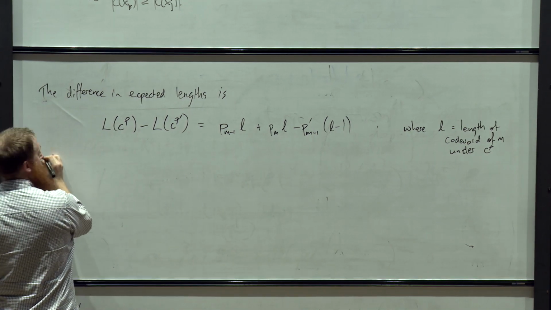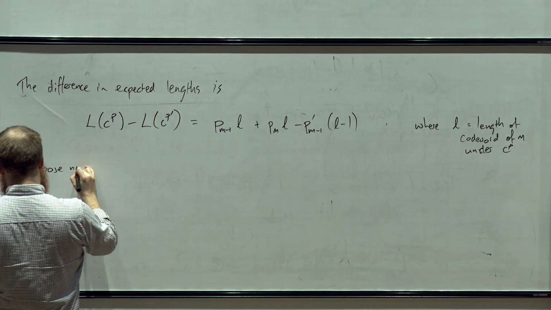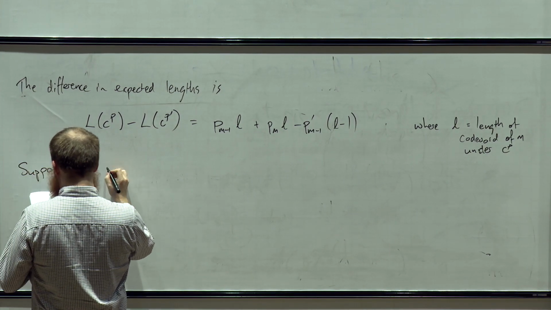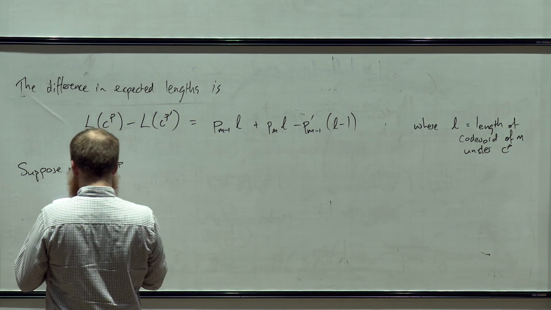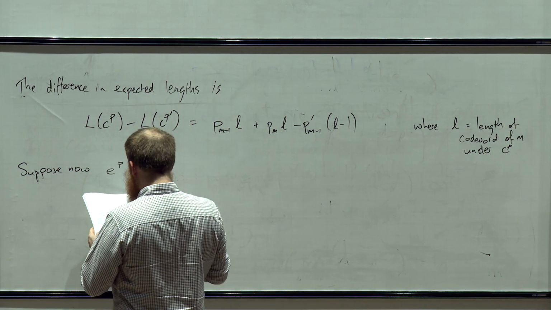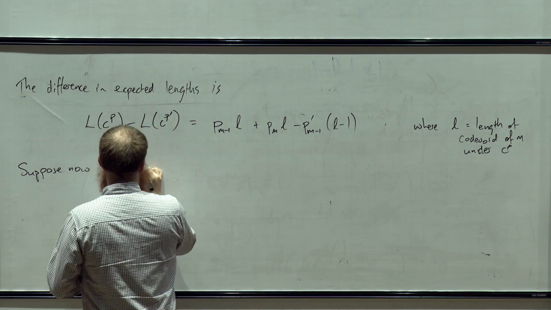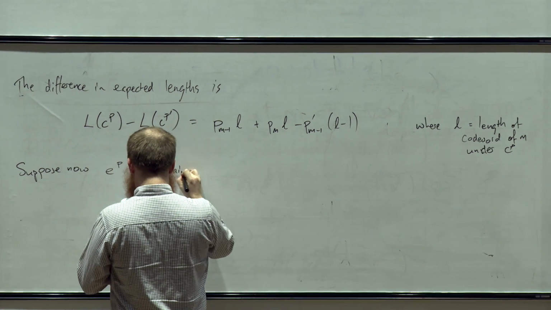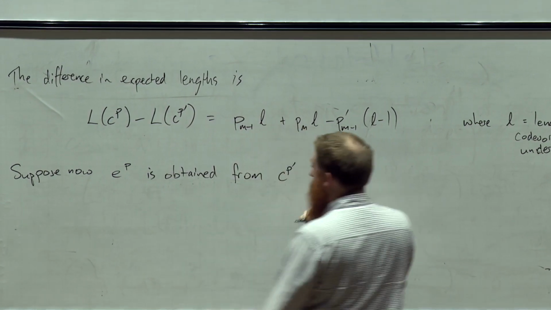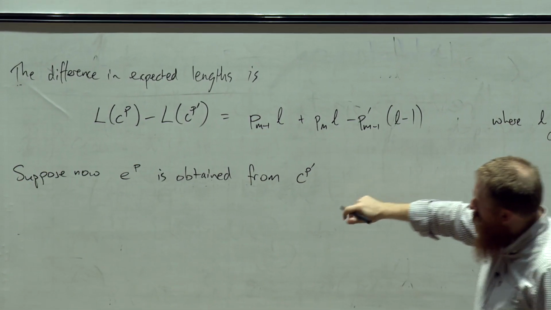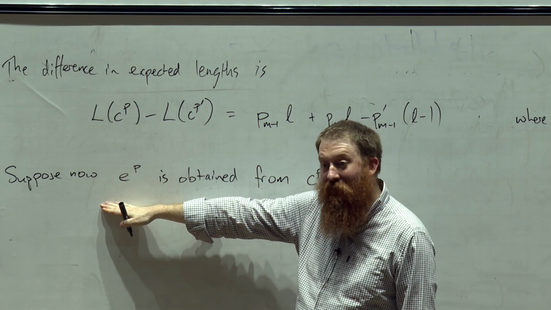On the other hand, suppose now Ep is obtained from Cp prime. So what I'm going to do now is I'm going to take Cp prime and I'm going to blow those last two symbols apart again.